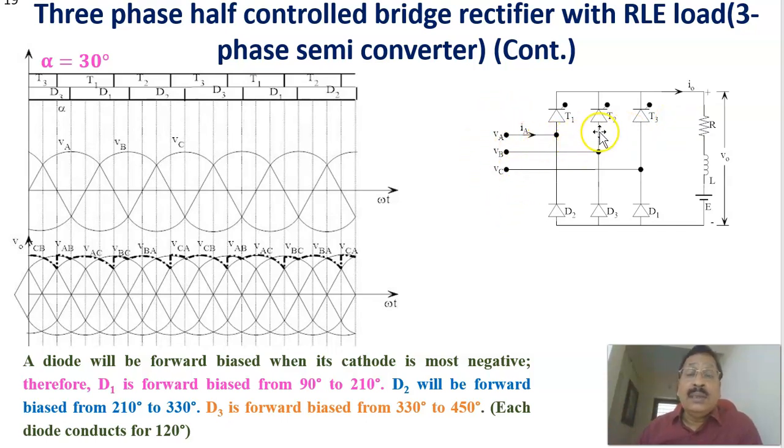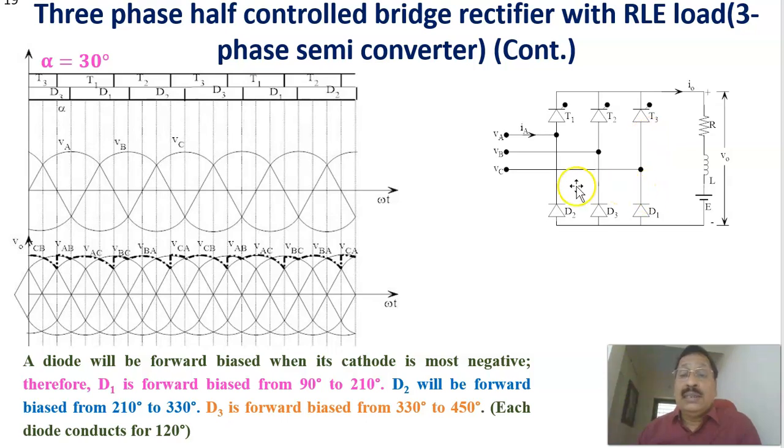Now, the SCR that can be triggered should be forward biased. Out of T1, T2, T3, the device with the maximum positive voltage is forward biased and can be fired.